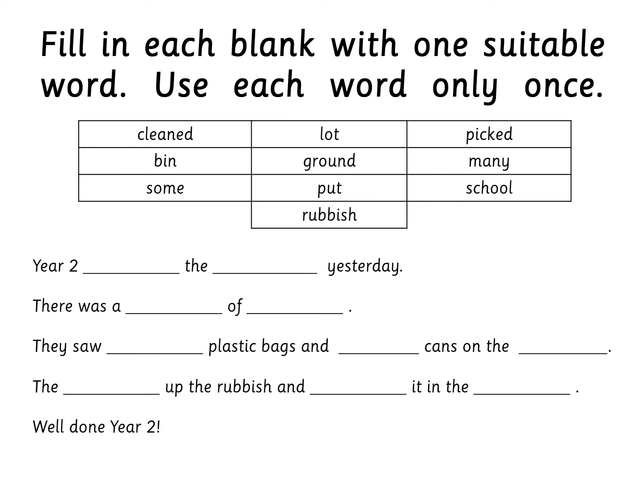Use each word only once. So for example, the first one, Year 2. So what is the best word there? Yes, Year 2 clean the, and you may continue completing the cloze passage.